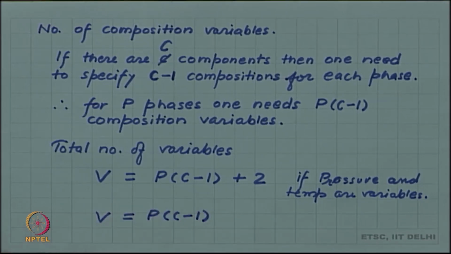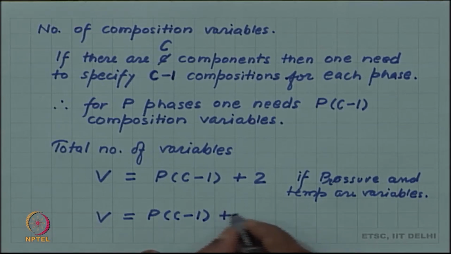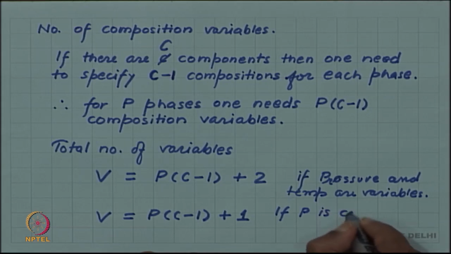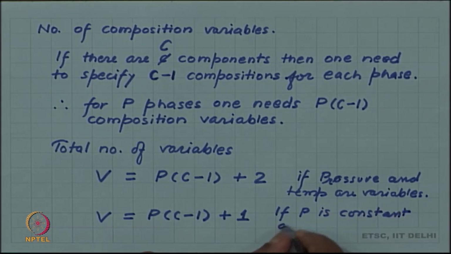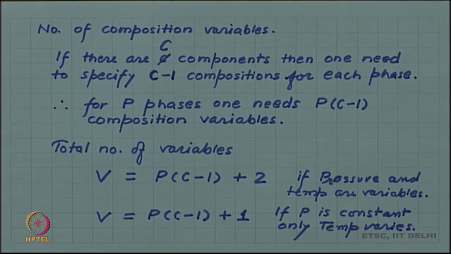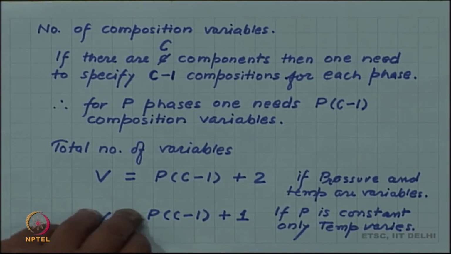Number of composition variables will remain same, but instead of 2 you will have 1 if pressure is kept constant. If P is constant, and only temperature varies, we have so many variables.